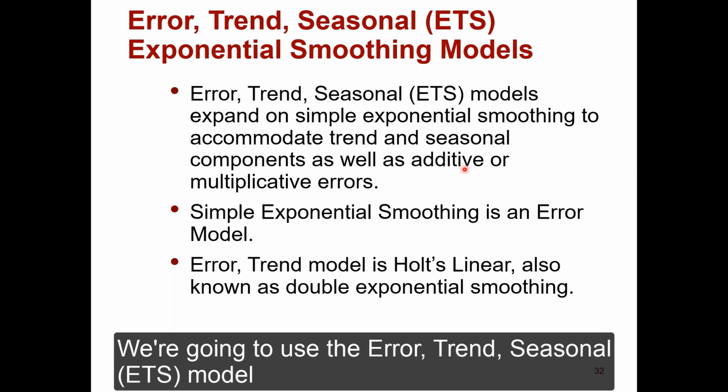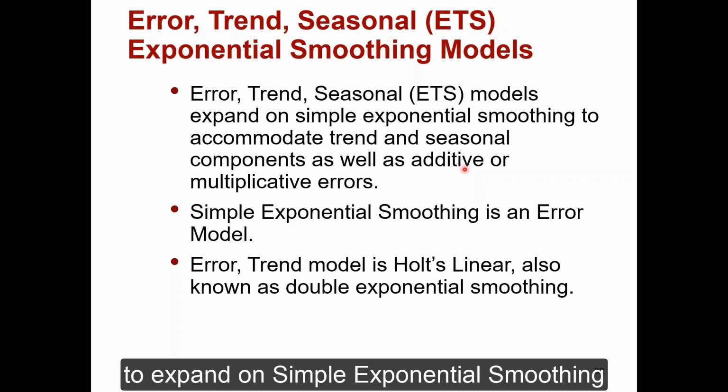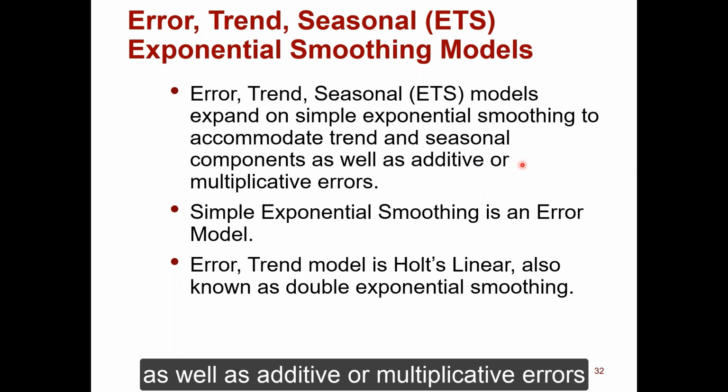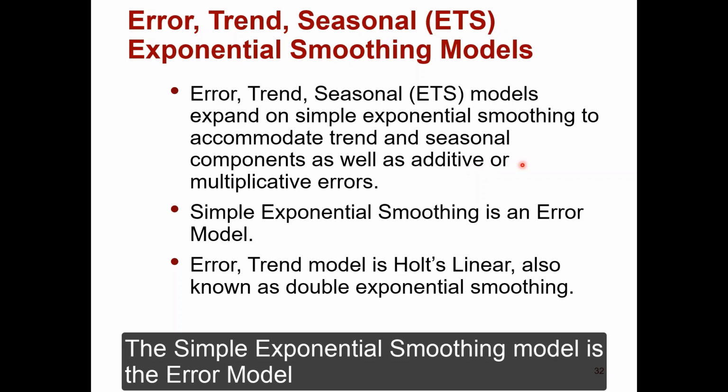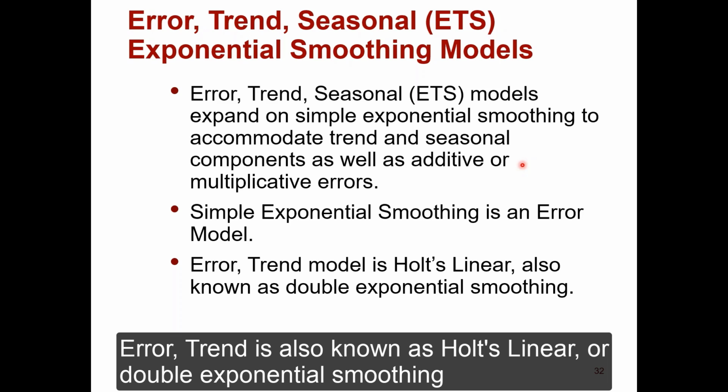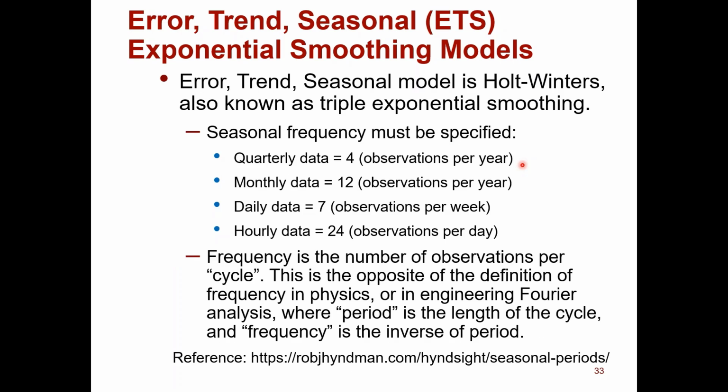We're going to use the error trend seasonal model to expand on simple exponential smoothing to accommodate trend and seasonal components as well as additive or multiplicative errors. The simple exponential smoothing model is the error model. Error trend is also known as Holt's linear or double exponential smoothing.